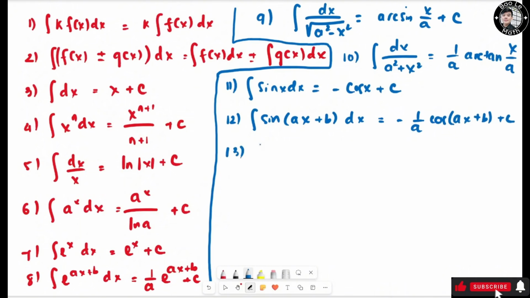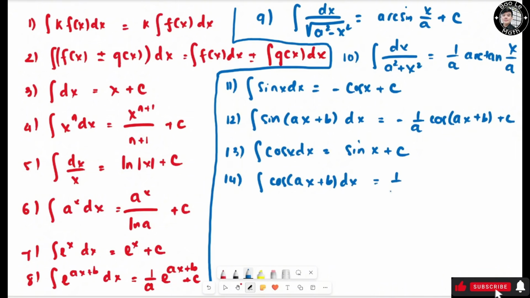Number 13, the antiderivative of cosine s ds equals sine s plus c. Number 14, the antiderivative of cosine of as plus b ds equals 1 over a sine of as plus b, plus c.